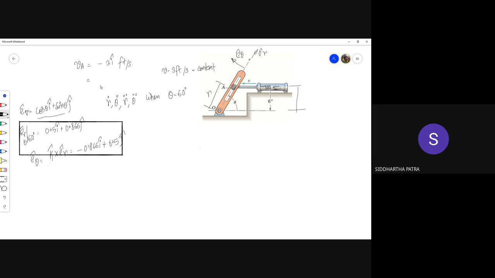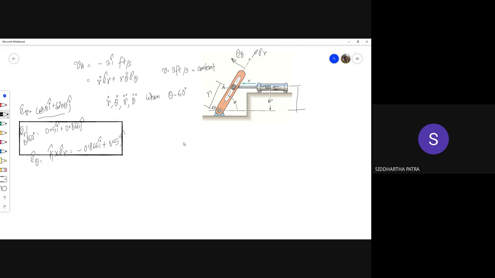So I can write this thing to be r dot er and r theta dot e theta. Now if you substitute the expressions for er and e theta, you will get it in terms of i and j.